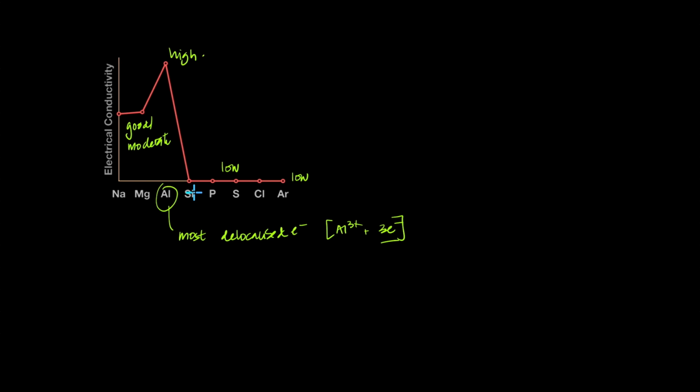But in pure form at room temperature, it is a very low conductor of electricity, just like the non-metals are. Now these are some of the physical properties you're supposed to know of the period 3 elements: their electrical conductivity and their melting points. Next up, we'll be talking about the reactions of period 3 and their compounds.